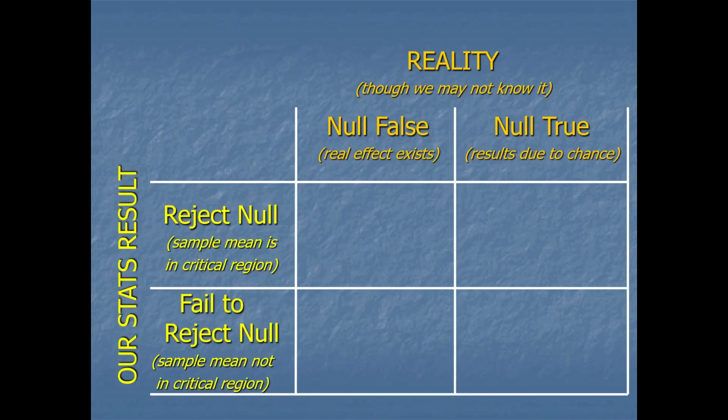But we also are going to run our statistics test. We're going to use whatever sample size and research design we had, and when we run those stats, it's going to lead us to one of two conclusions, right?